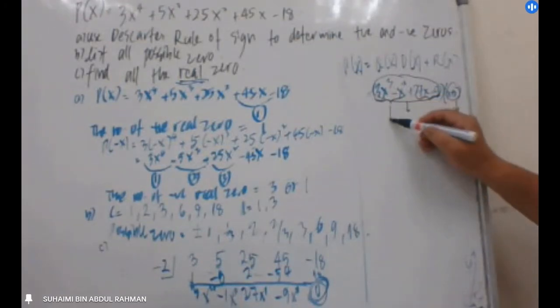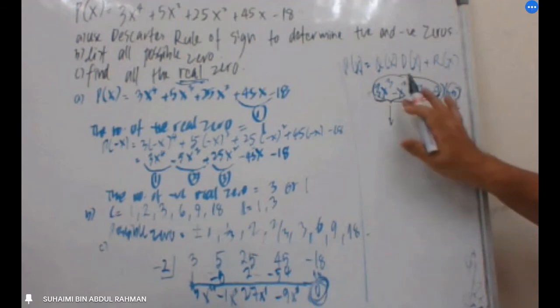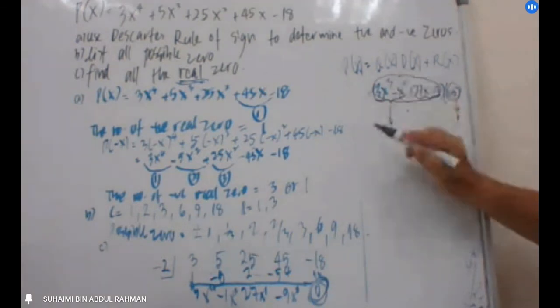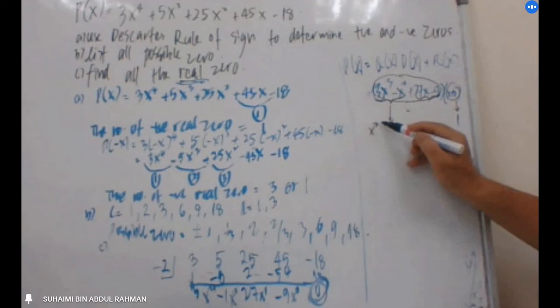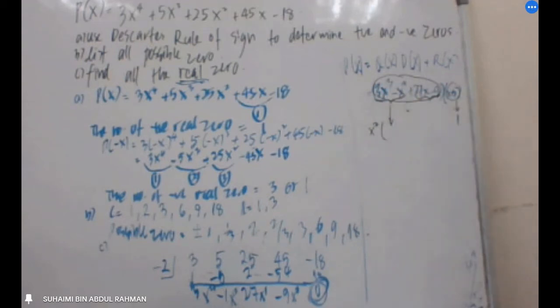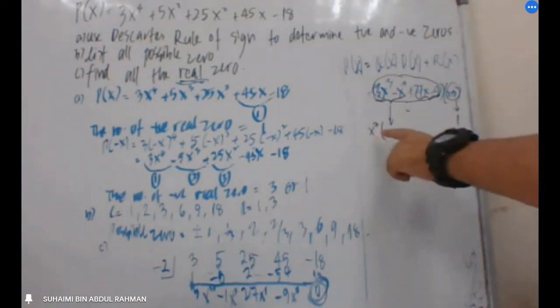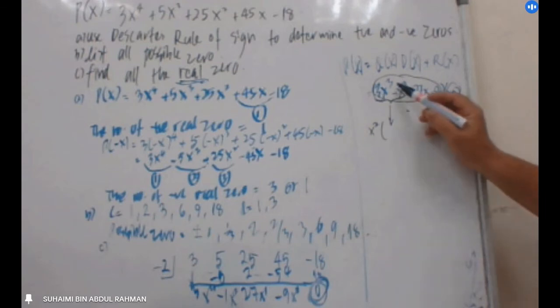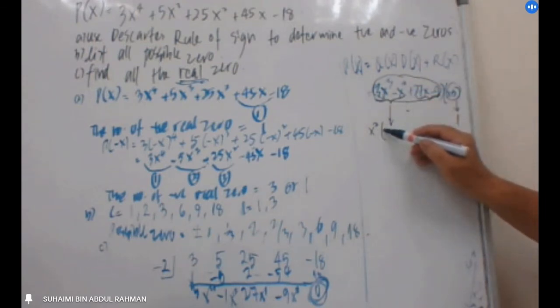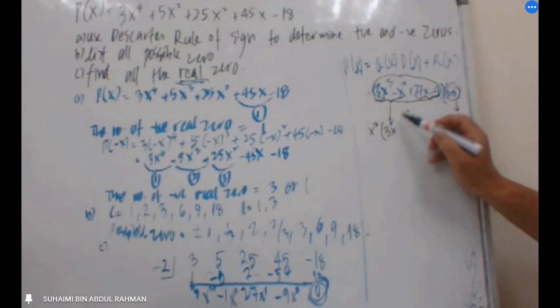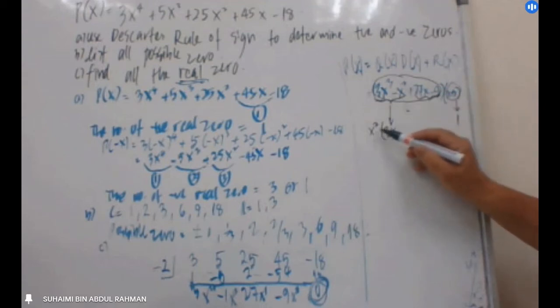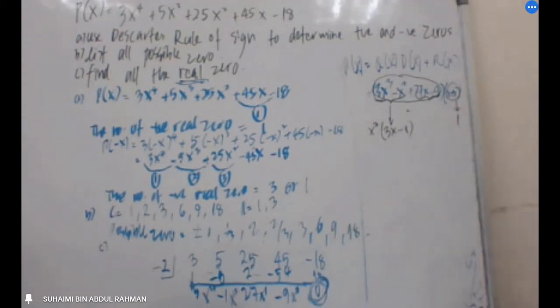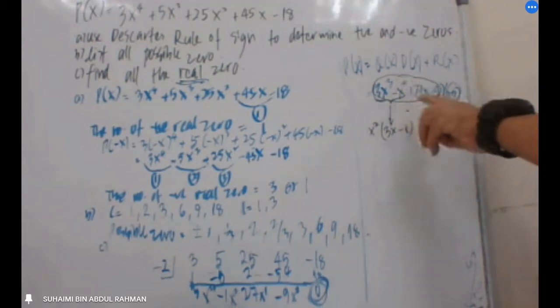You factor here. When you factor here, you see two terms that share x squared, so x squared becomes the common factor. To produce 3x cubed, x squared must be multiplied by 3x. To produce minus x squared, it must be multiplied by minus 1. That's the factor of this part.